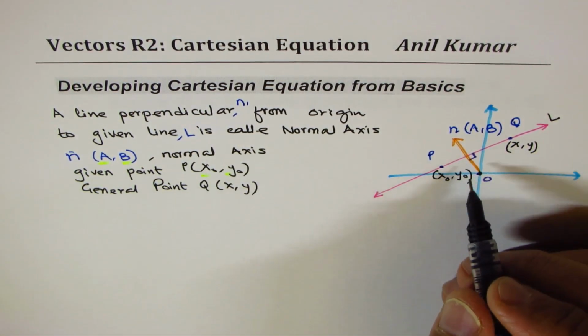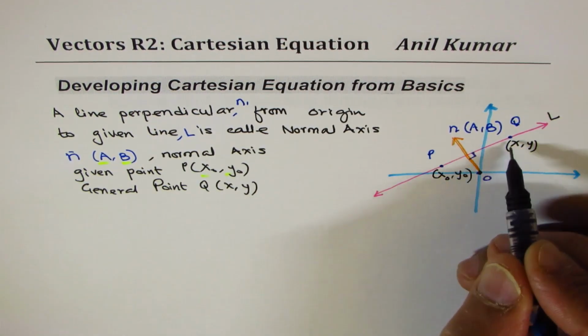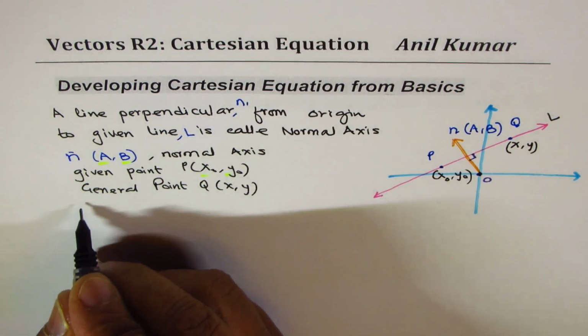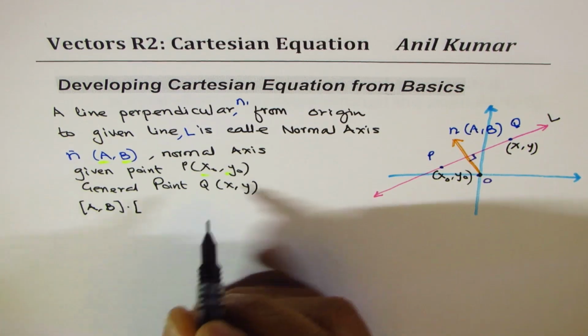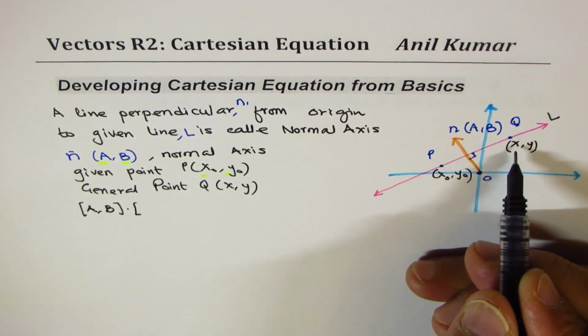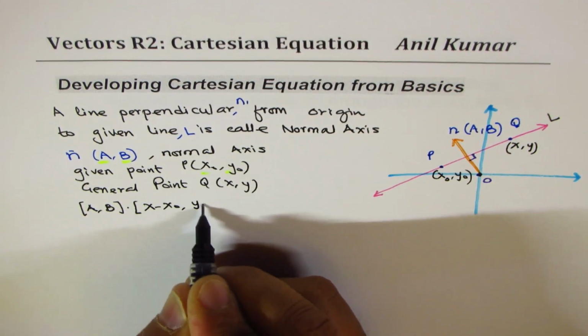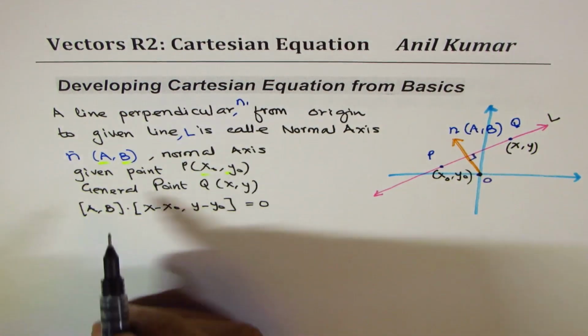Now, since this is normal to PQ, the dot product should be 0, correct? So the dot product of AB with the direction passing through these 2 points, which is (x minus x0, y minus y0), should be equal to 0.